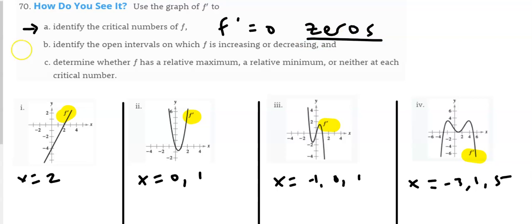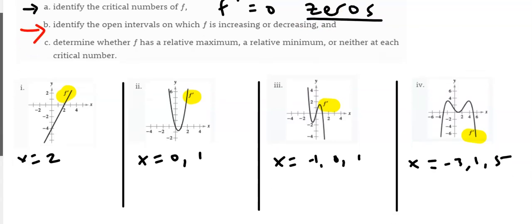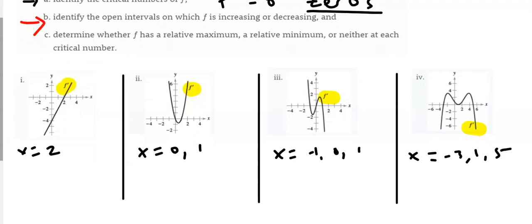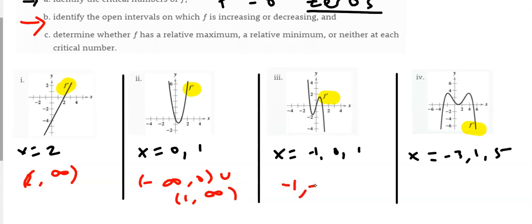Okay, second, where f is increasing and decreasing. This one is going to be 2 to infinity. This one is going to be from -infinity to 0, union 1 to infinity. This one is going to be from -infinity to -1.